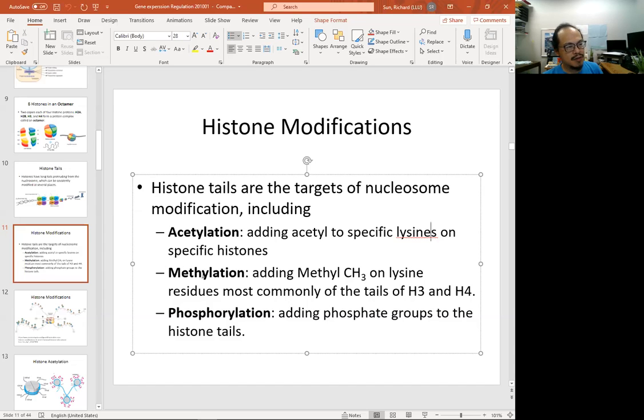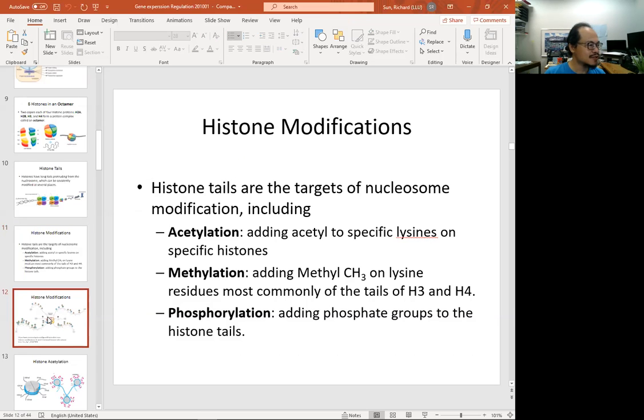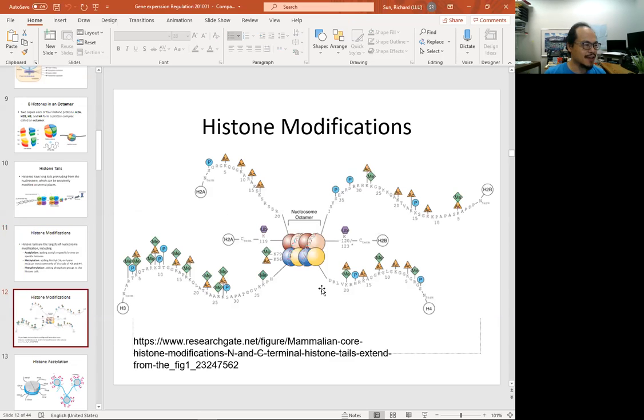One thing unique is that it attaches to H3 and H4, the most common ones. And phosphorylation adds a phosphate group to the histone tail. So that's three. This figure shows how they are attached.